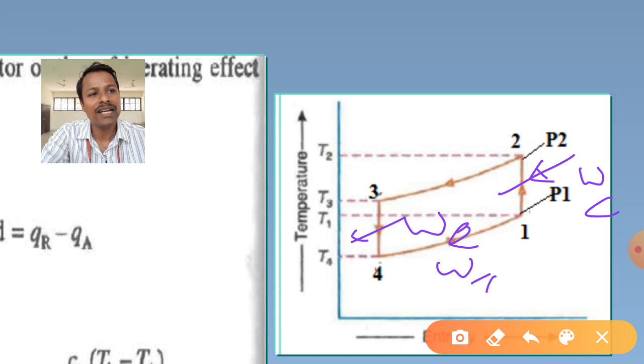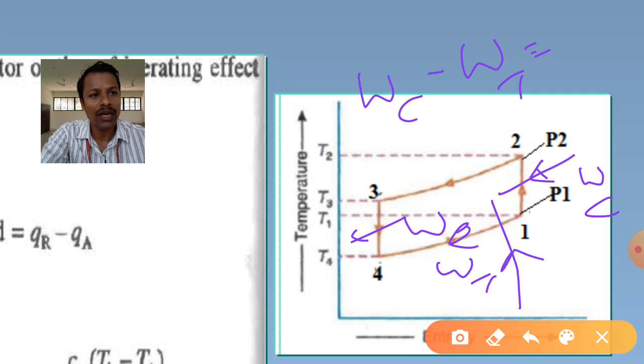This is the work interaction. Therefore, WC, the work supplied to the compressor, minus the work developed, that is net work, will be equal to net heat interactions in the cycle.